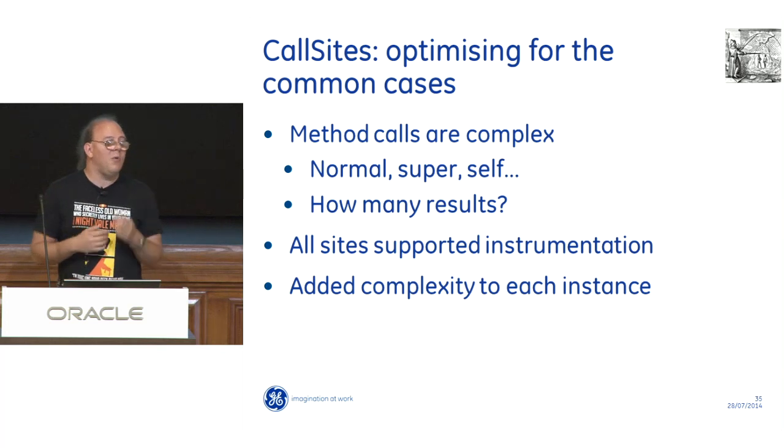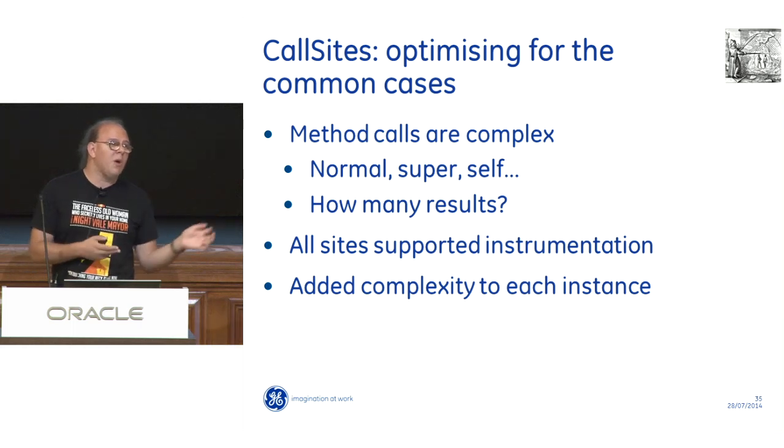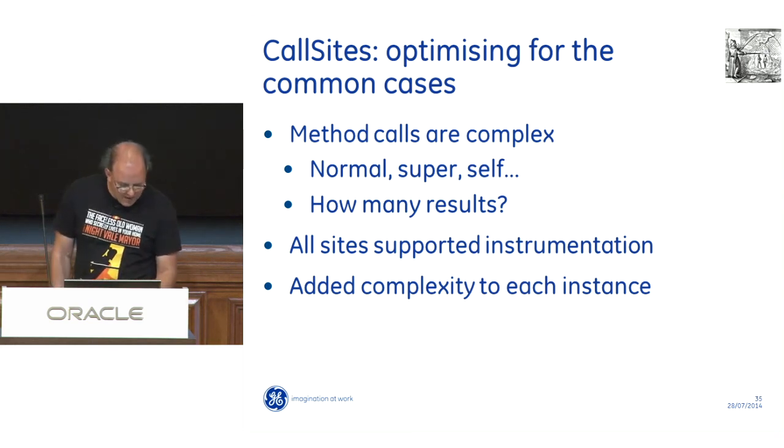All our CallSites supported instrumentation, and that was adding a significant cost to each CallSite in terms of storage, so we want to refactor that out, so that it's a cost that only needs to be paid if you start with appropriate flags to say that you want that. And all of this adds complexity.